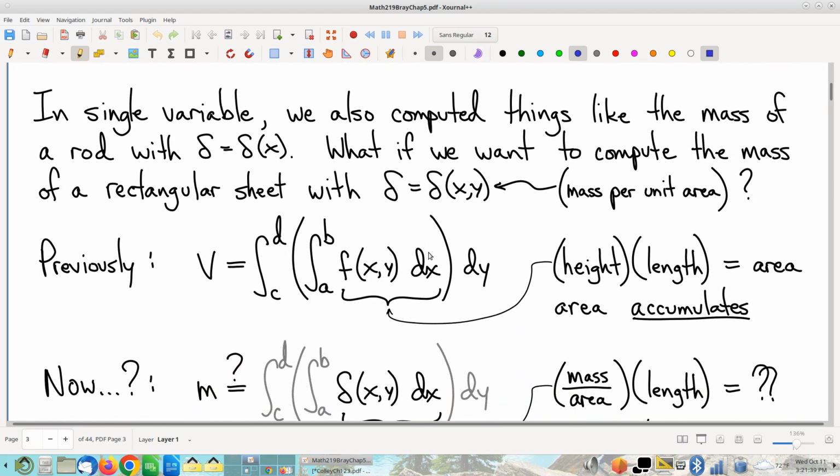Okay, so I am going to pose a question. When we were doing single variable calculus, we considered first area under a graph, kind of analogous to the volume under a graph question we're looking at here.